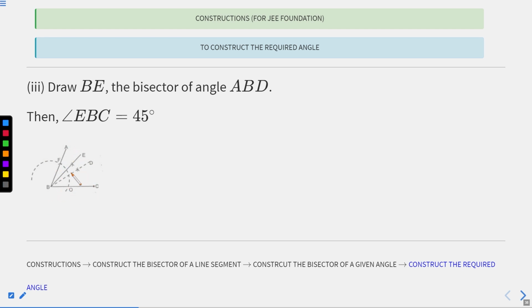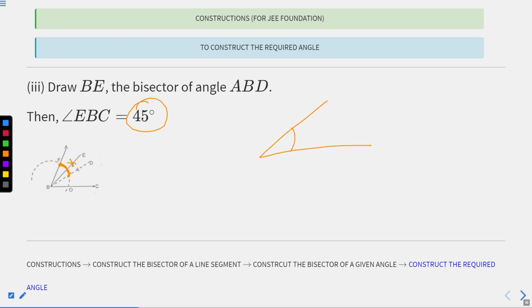After doing this, I bisect this angle, this bisector. After bisecting it, I'll get my 45 degree. So the steps for the bisector are quite easy.